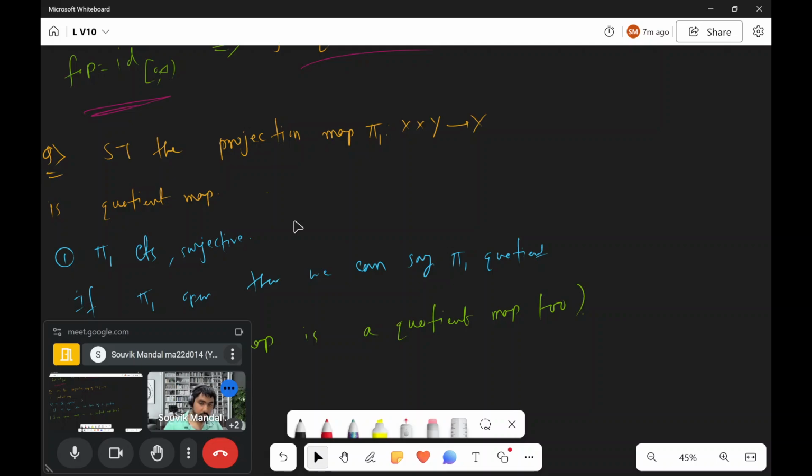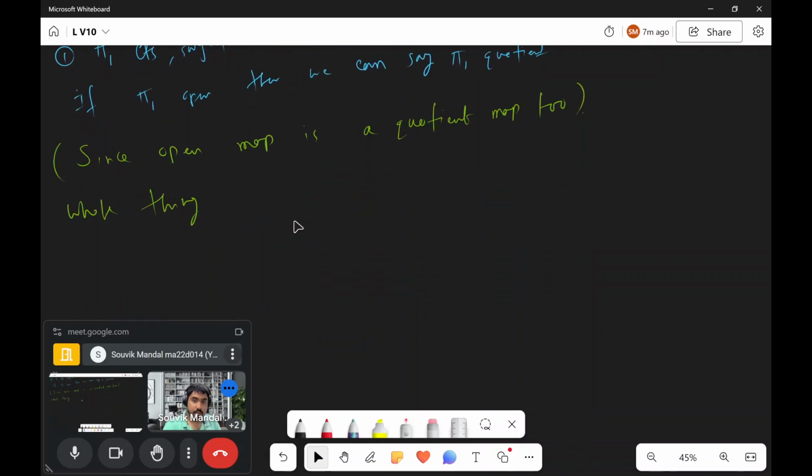So now the whole thing boils down to showing that pi 1 is an open map.